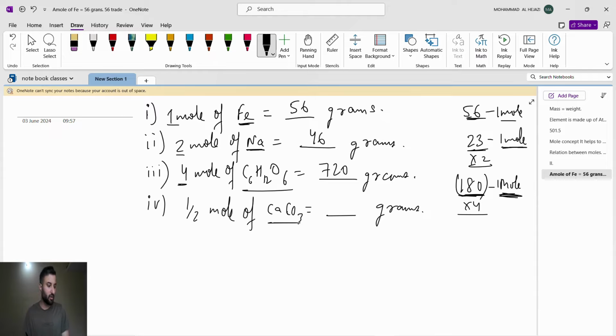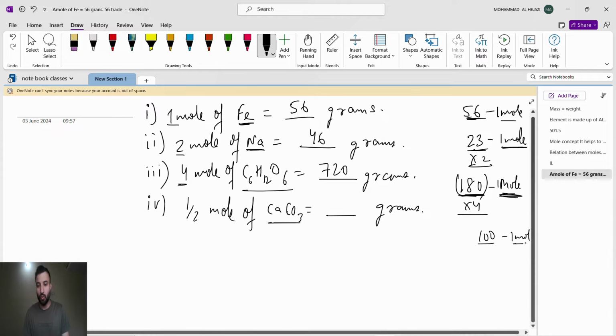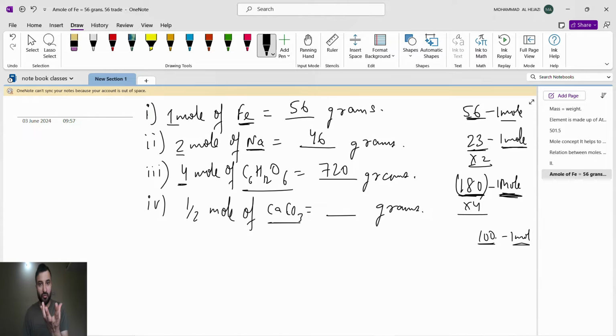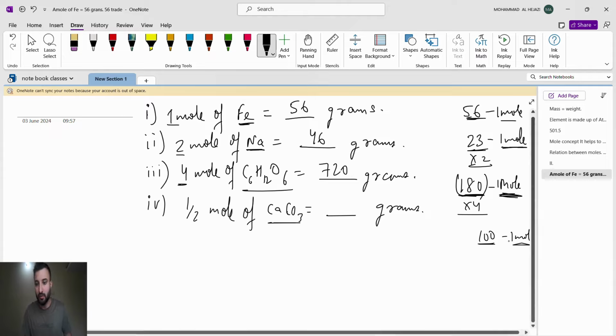The molecular mass of CaCO3 is 100, which means 1 mole of CaCO3 is 100 gram. They asked half mole, so multiply with half. So half means 50 gram. That's it.